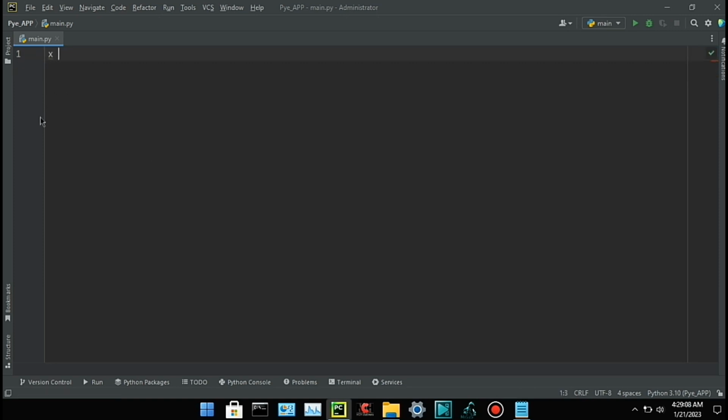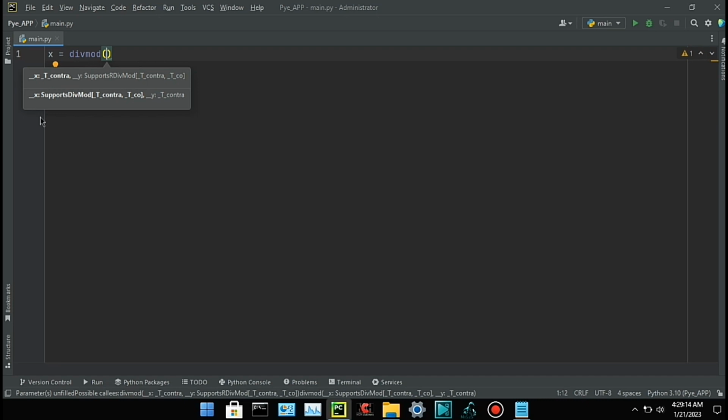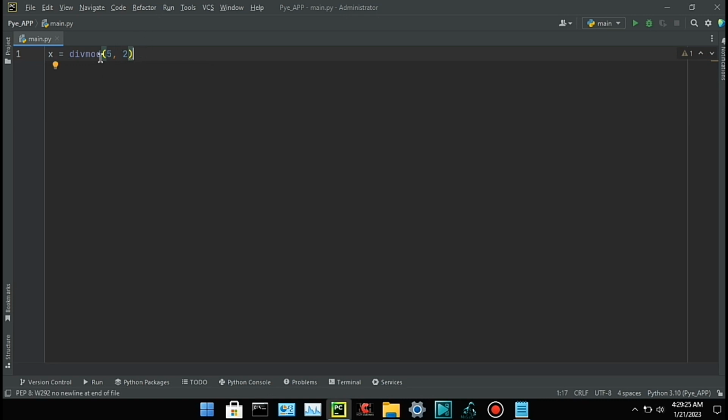Let's say our x should be equal to divmod of 5 comma 2. When you divide 5 by 2, the quotient is 2 and the remainder is 1.